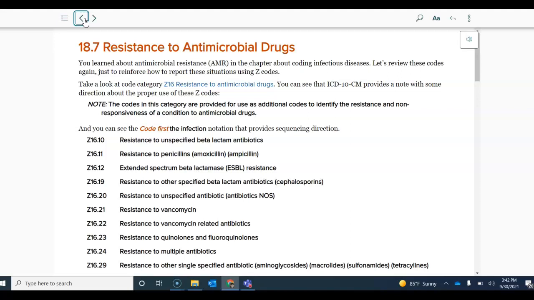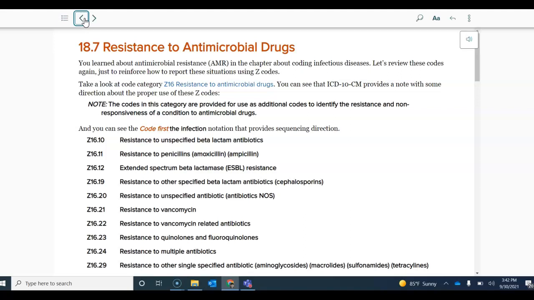So turn there with me. If you have a Z code that is not one of these in this list, it means there's something else that has to be listed first. Only the ones in this list can be your first listed diagnosis.